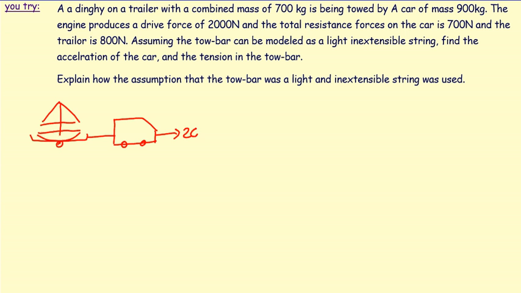So we're going to get 2,000 newtons. We're going to have tension in the cable here. But notice they've also got resistances. So this time we've got the 2,000 newtons, we've already done that. And the car experiences 700 newtons.